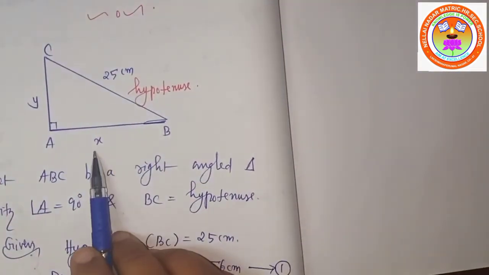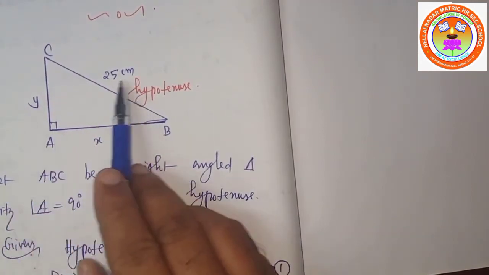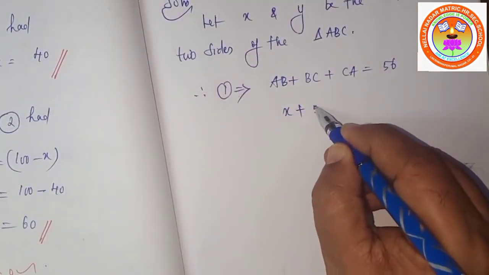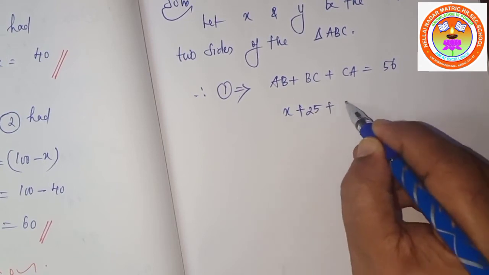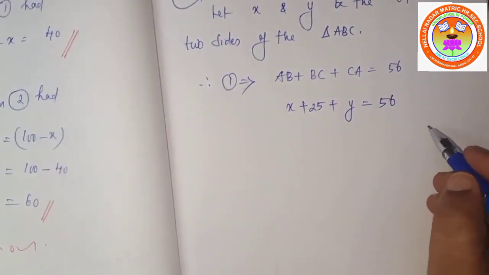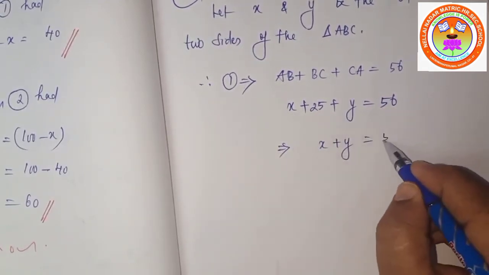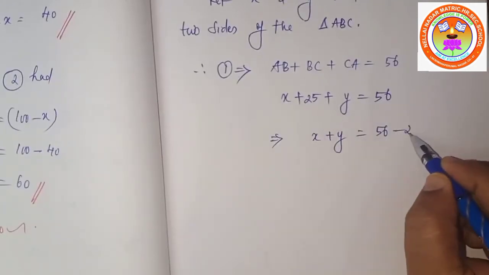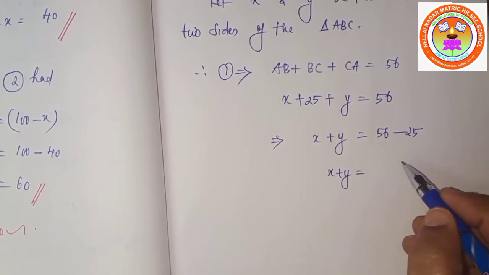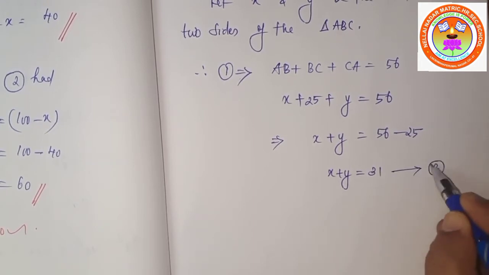AB equals X, BC equals 25, CA equals Y. X plus 25 plus Y is equal to 56, which implies X plus Y is equal to 56 minus 25, that is equal to 31. Let it be number 2.